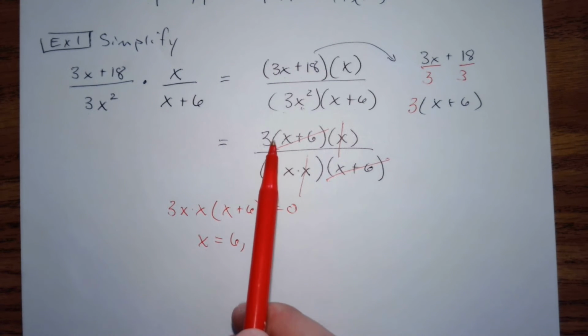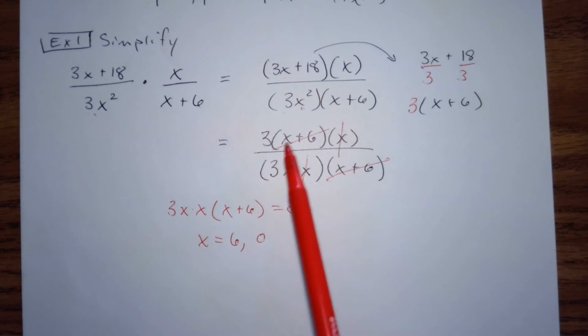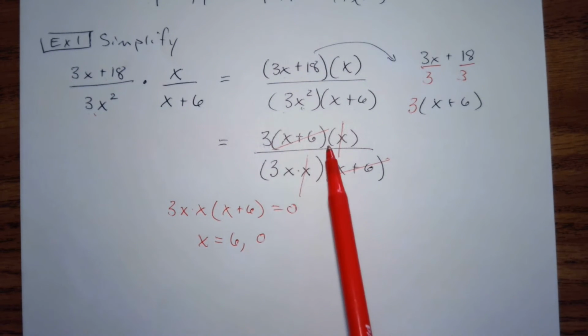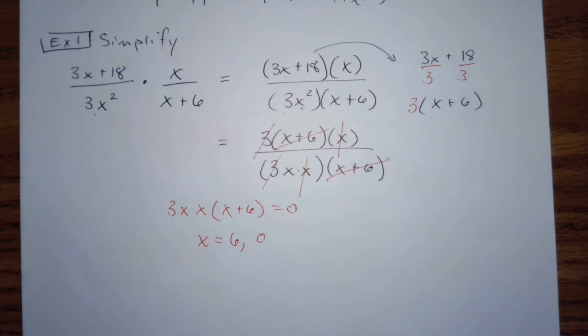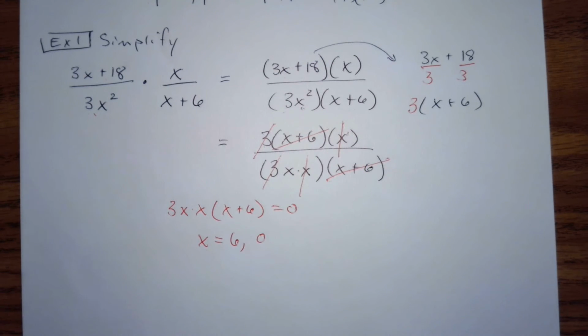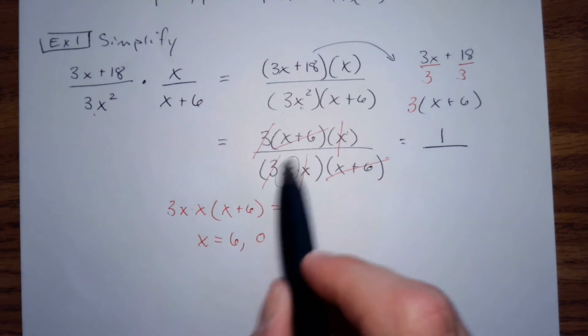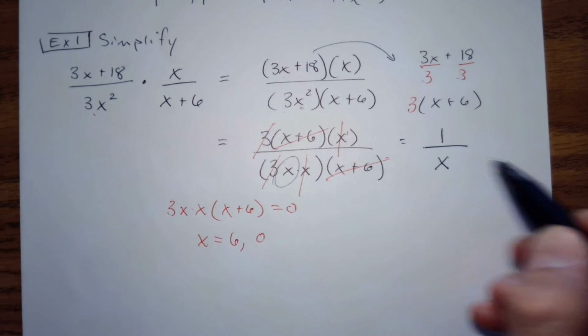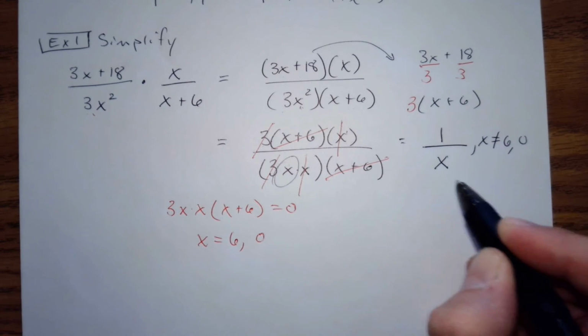And since I said before you couldn't cancel out these 3's because of this plus, but now we just have 3 times a piece and then times another piece. So we can now cancel. So there's nothing left over in the top, so I do have to write 1. And then in the bottom, I have just an x. x not equal to 6 or 0.